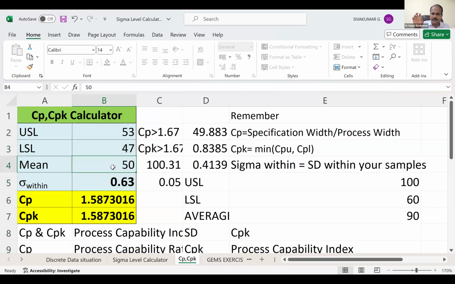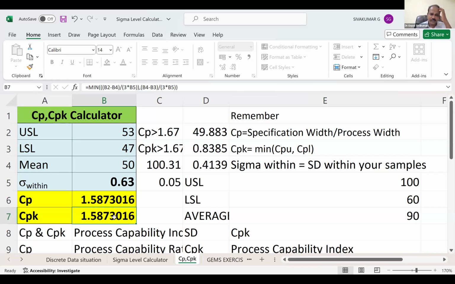Because any improvement with respect to the sample average will affect only your CPK. Because CP doesn't care about the process average. But CPK takes into account the process average and the process spread. Both are important. That is why I told you CPK is the best measure of capability.